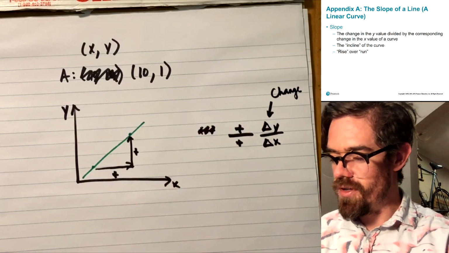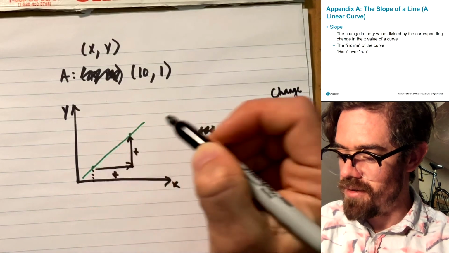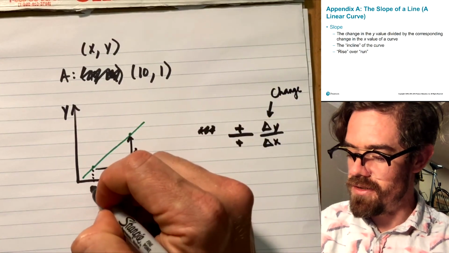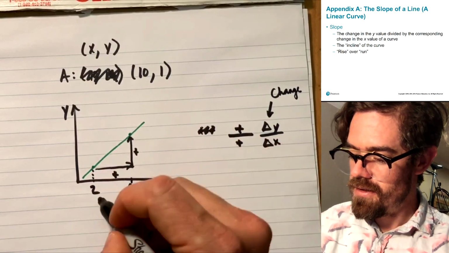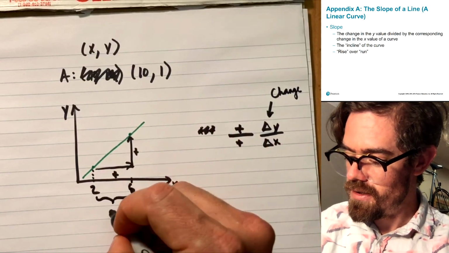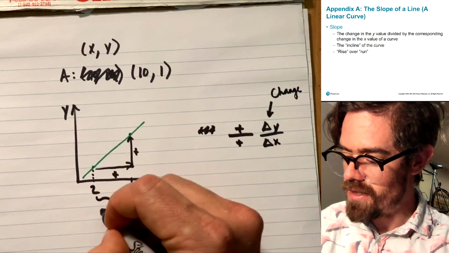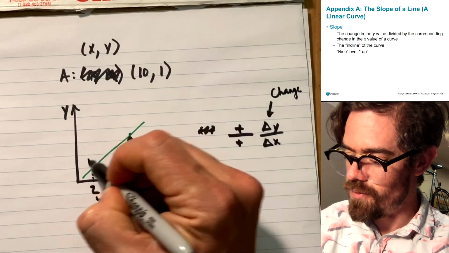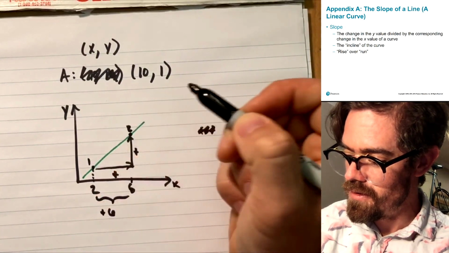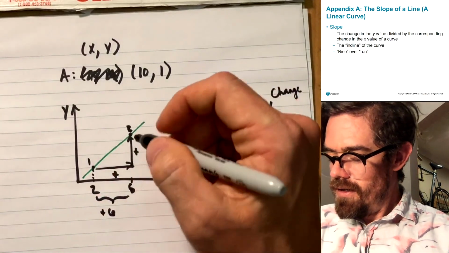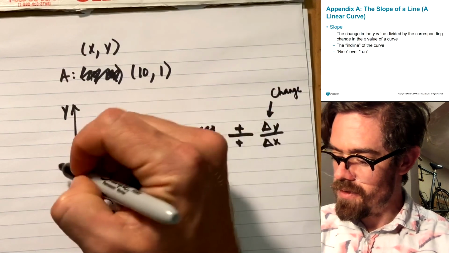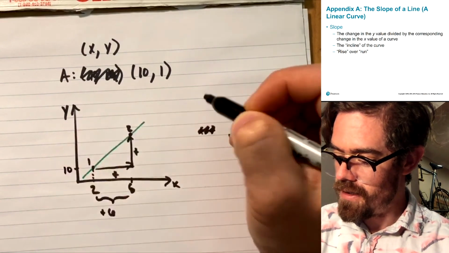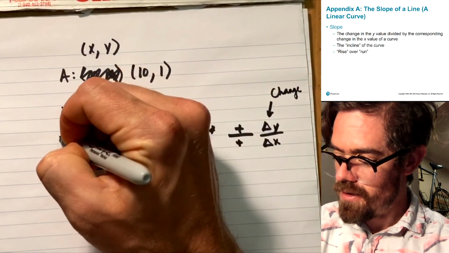And then if I put numbers to these things, you could actually give me a number other than just telling me it's positive, right? So if this was x value 2 and this was x value 8, the change is positive 6, going from point 1 to point 2. And in going from point 1 to point 2, the rise, maybe this is 10 and this is 30.